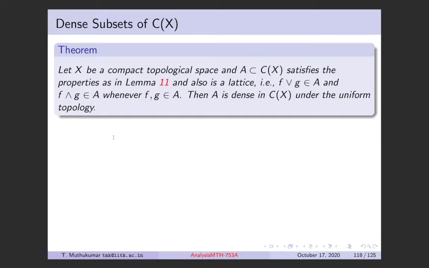Now let's look at the property when subsets become dense in the space of continuous functions.